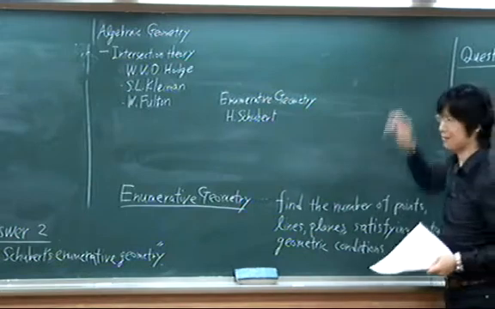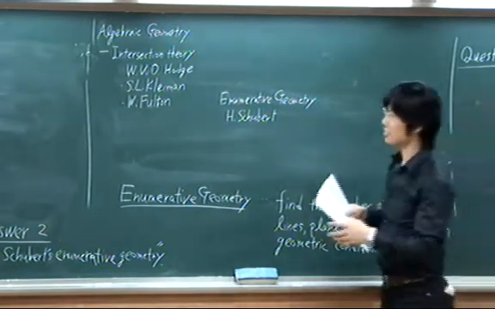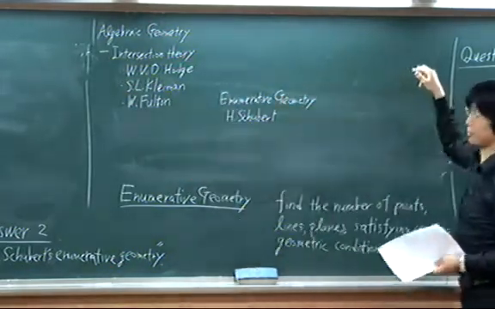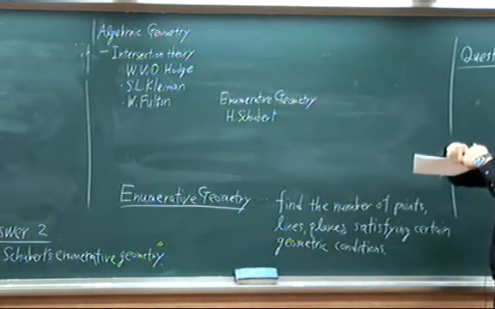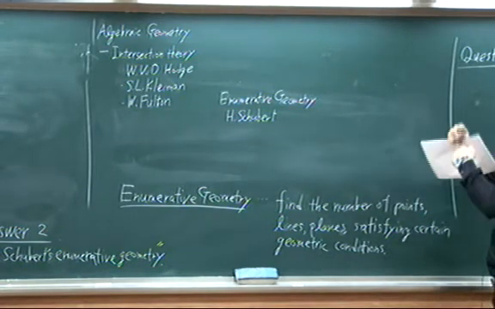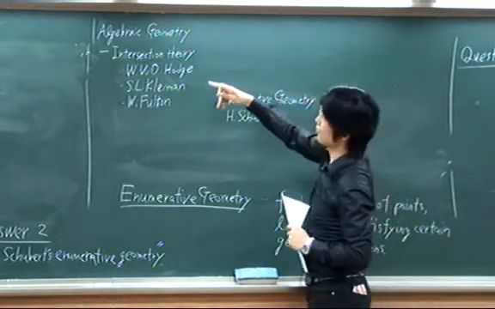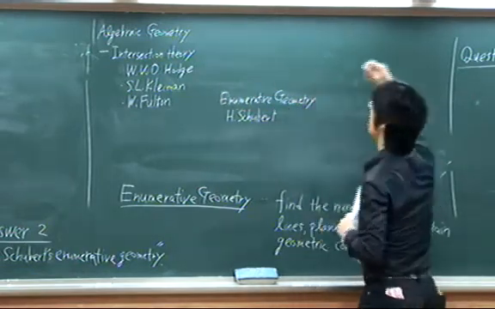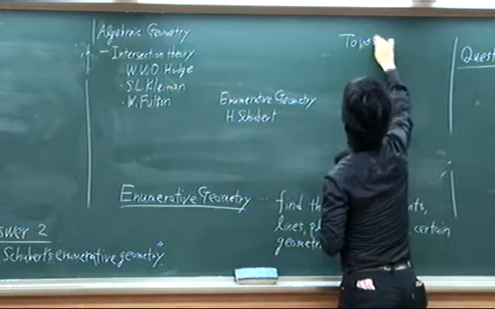Around 1930, the cohomology theory was developed, and the intersection of two subvarieties corresponds to the cup product. So, in modern topological language, intersection theory is translated into cohomology theory.